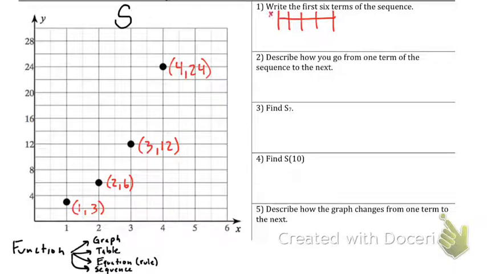Okay, this is our X, this is our Y. So my input for the first was 1, and now I have 3 with that. So 1, 3. The next one is 2, 6. And then we have 3, 12. And lastly, we have 4, 24.